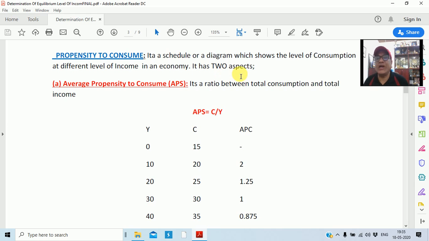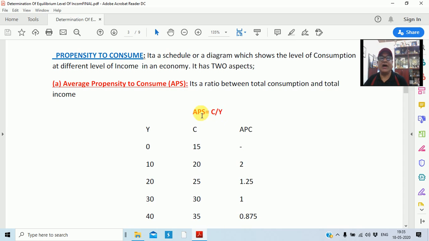It has two aspects. It is of two types. First is called average propensity to consume. You might have heard the word average. Average comes off total. So here we are finding the ratio between total consumption and total income.